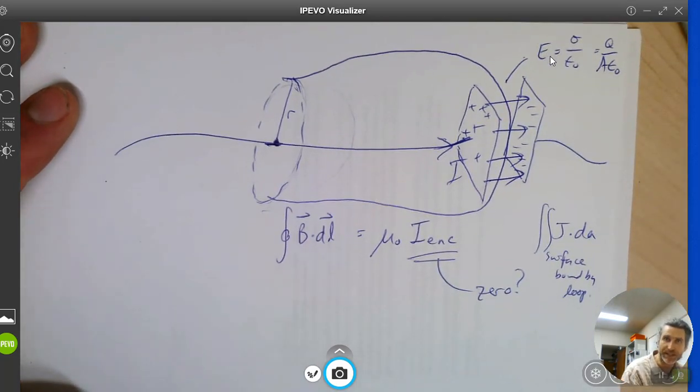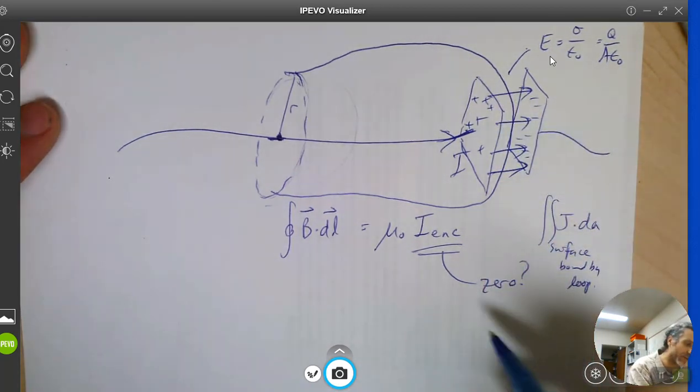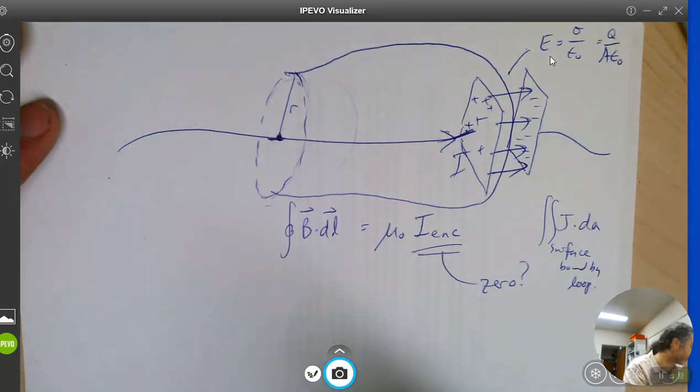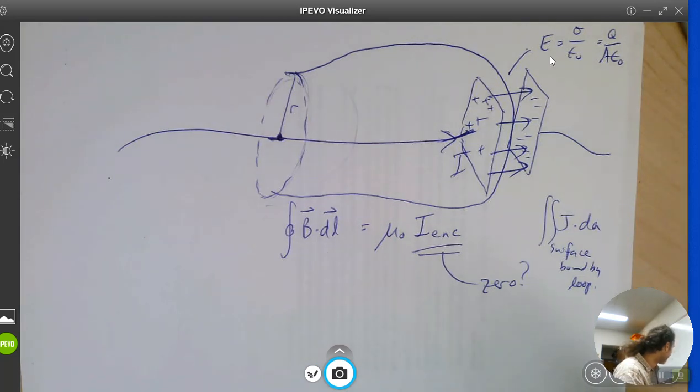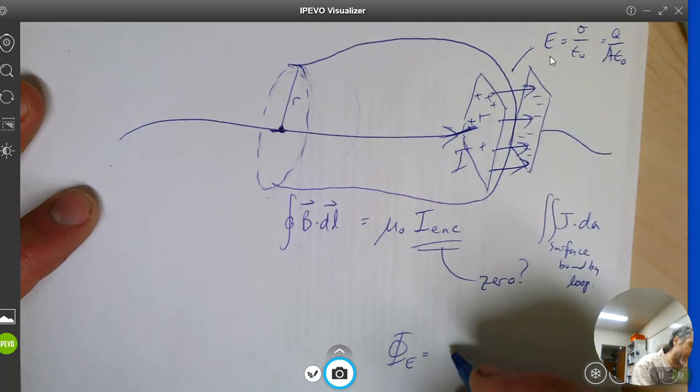And so I wonder if we could work with that here and say, instead of a current enclosed, I've got this electric field kind of like a flux, basically, right? So I wonder if we could think about it in a slightly different way. What if we thought of it in terms of a flux going through this surface that's equal to the electric field times the area.